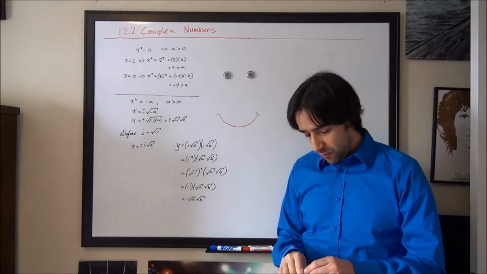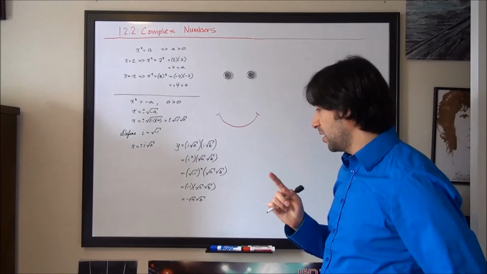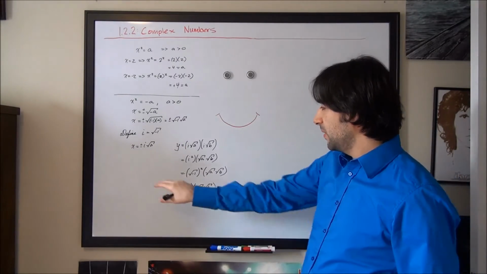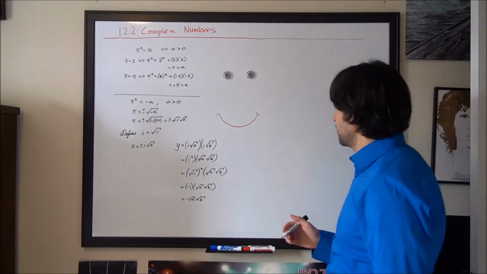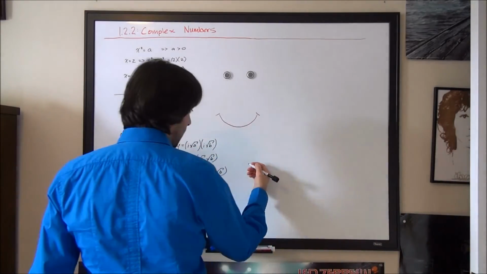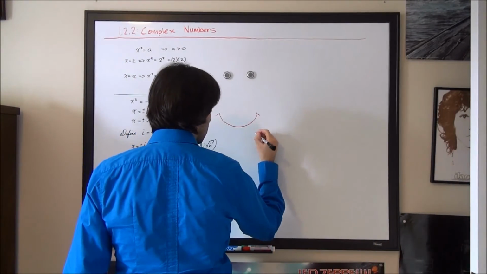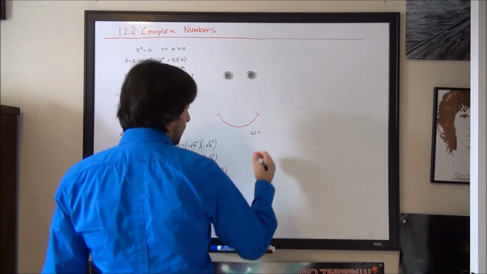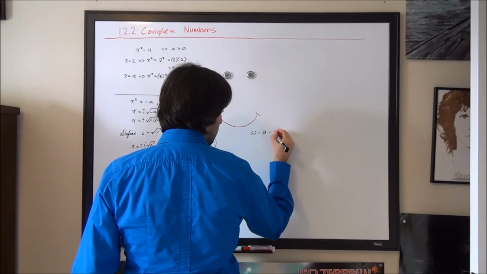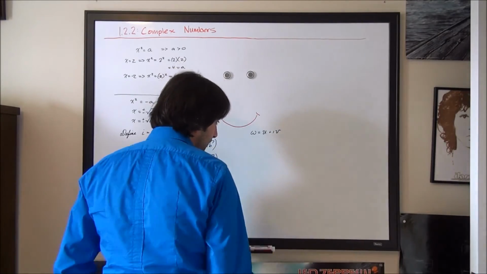Now, one more comment about complex numbers. Not all complex numbers come in this simple of a format. In fact, you could generally have, if w is a complex number, we could write that as u plus iv.